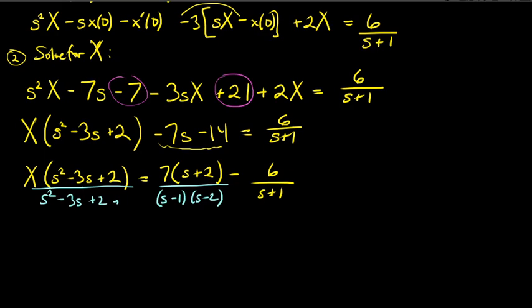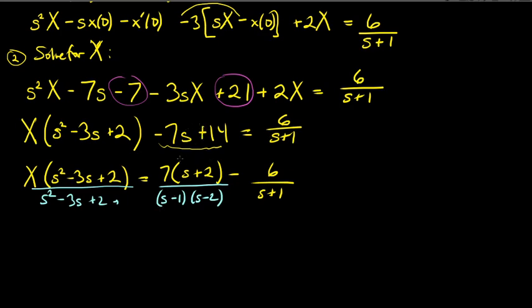I think that's it. Hang on. No, that's not it. Okay, negative 7 plus 21 is positive 14.